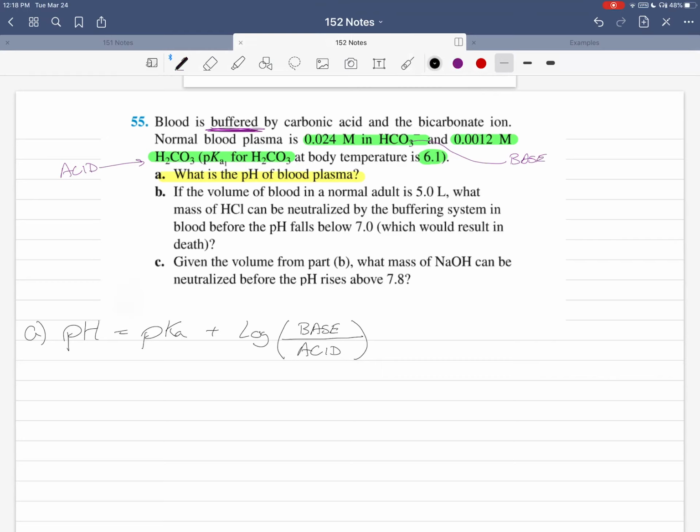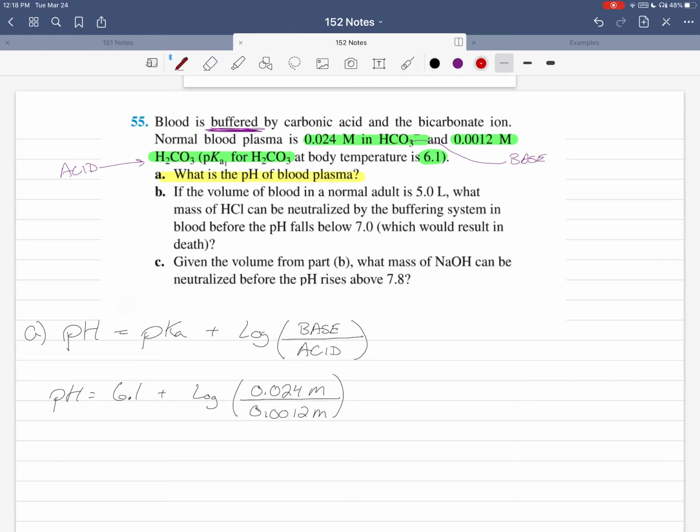All right, so the pH equals pKa, 6.1, plus the log of the concentration of base over the concentration of acid. Base is 0.024 molar, acid 0.0012 molar.